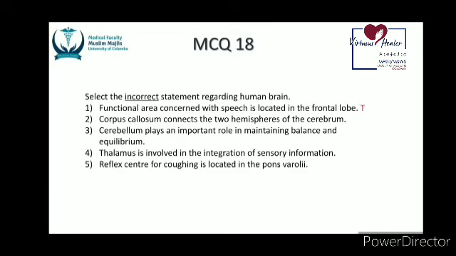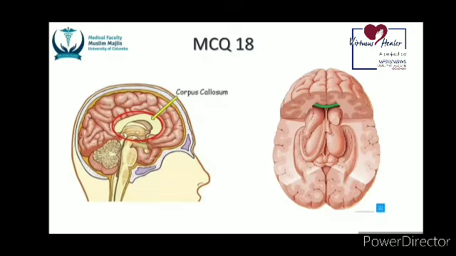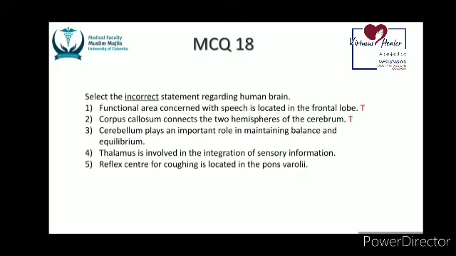Statement number 2, corpus callosum connects the 2 hemispheres of the cerebrum. The statement is true. Corpus callosum is the structure that connects the 2 cerebral hemispheres. Now in this diagram you can see how the corpus callosum looks in 2 different cross sections of the brain. Statement number 3, cerebellum plays an important role in maintaining balance and equilibrium.